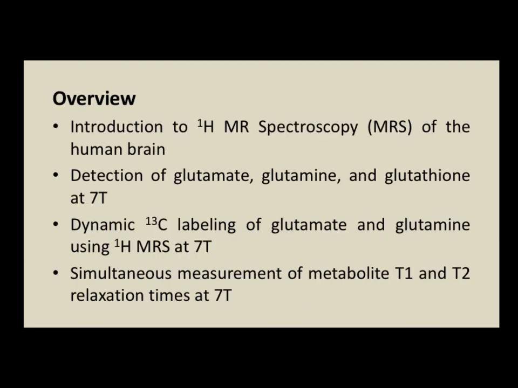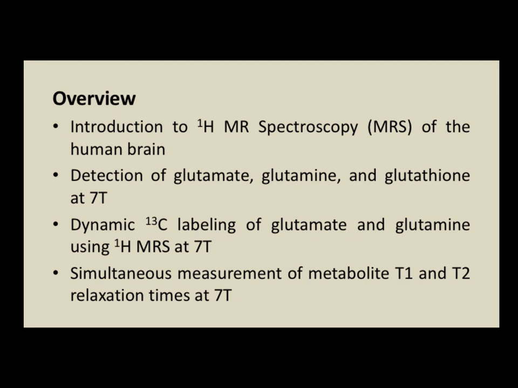So today I will first introduce some background knowledge on proton MR spectroscopy in the human brain. Then I will briefly describe 3 proton MR spectroscopy projects that we did in the past few years at NIMH.